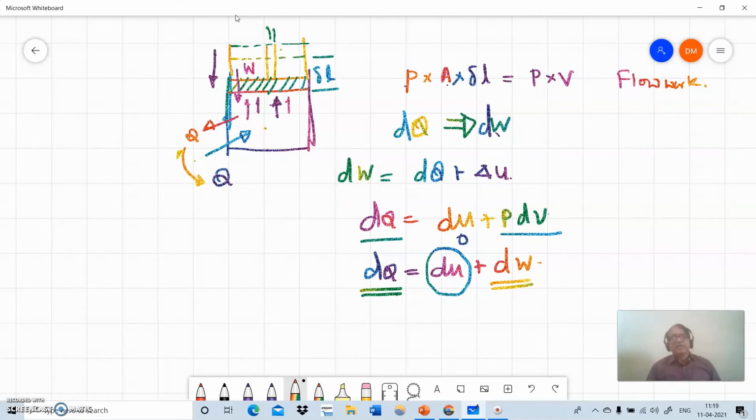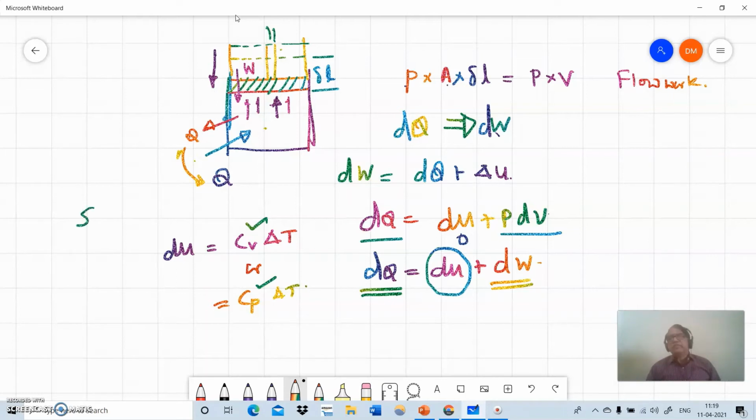Are you getting it? So dQ is equal to dU plus dW, whereas this dU is nothing but Cv into delta T, or it is Cp into delta T. So what are Cv and Cp? One is at constant volume and the other at constant pressure.